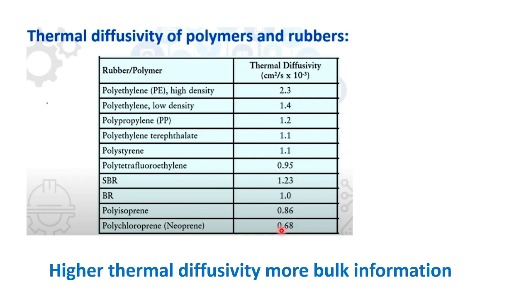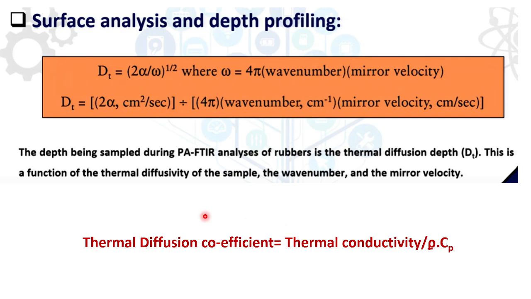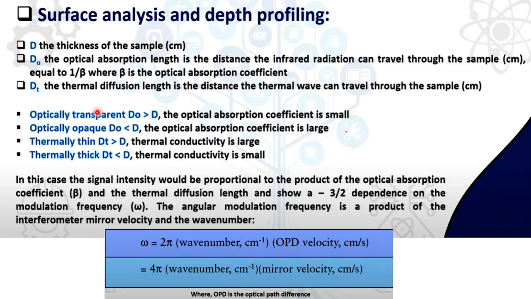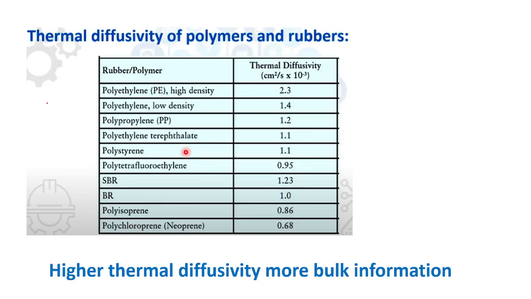Now, the higher the thermal diffusivity, the more bulk information, because from here, if dt is greater than d, so if the thermal conductivity is large, that wave can generate from the bulk of your material. So that's how you can do the depth profiling of your sample. It is not only surface based; from the bulk part also you will get the information.